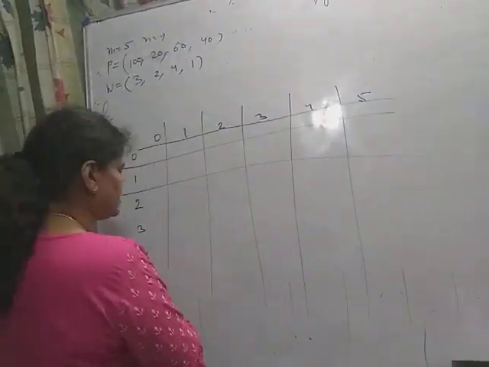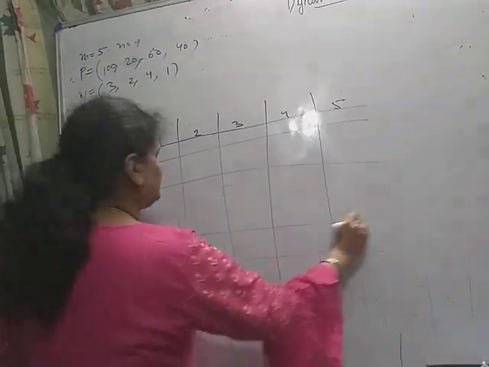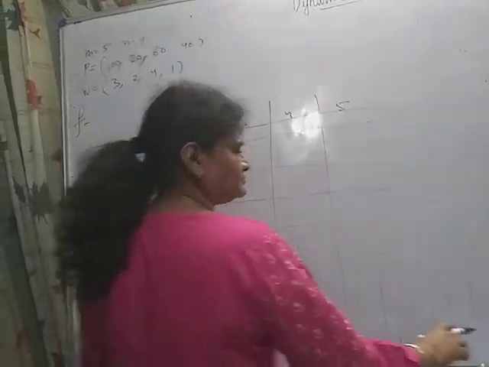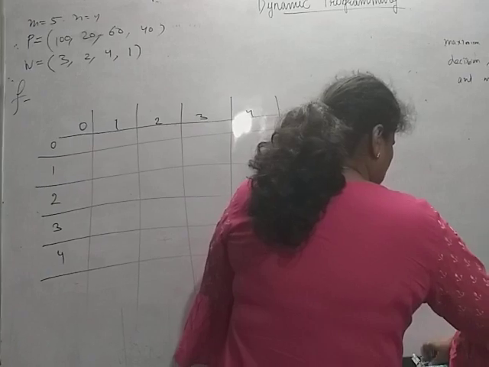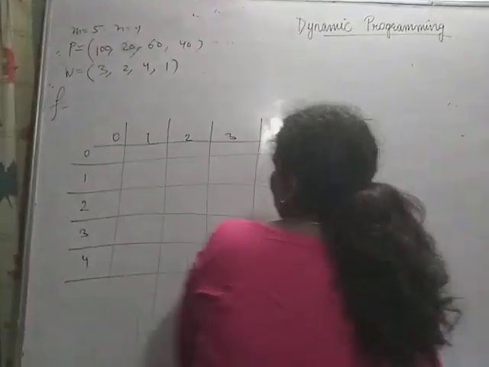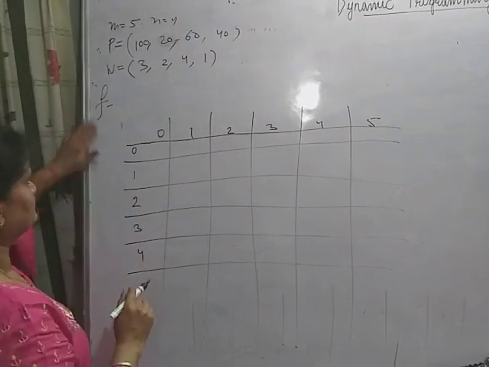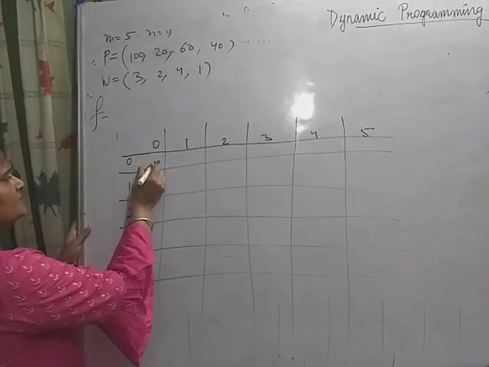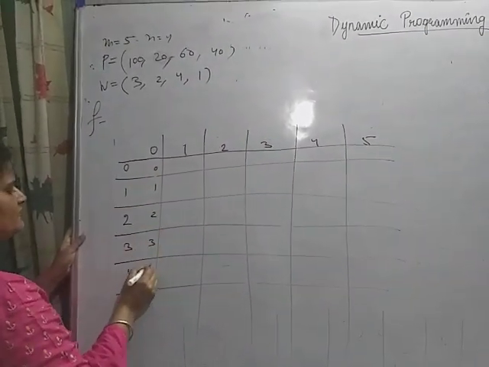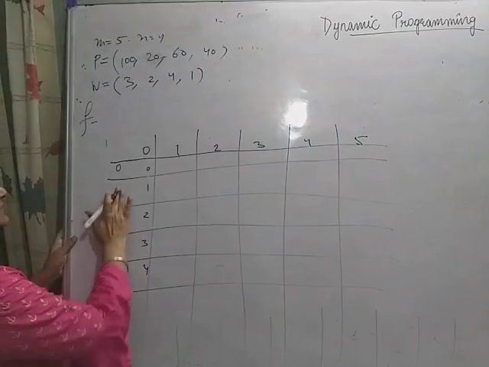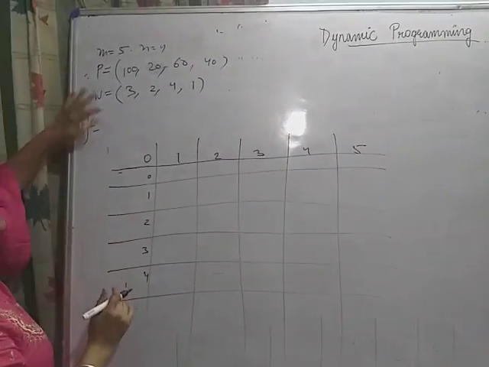And fill all the entries in the 0th row with 0. So this is 0, 1, 2, 3, 4, the row number. Here I am writing the weights.